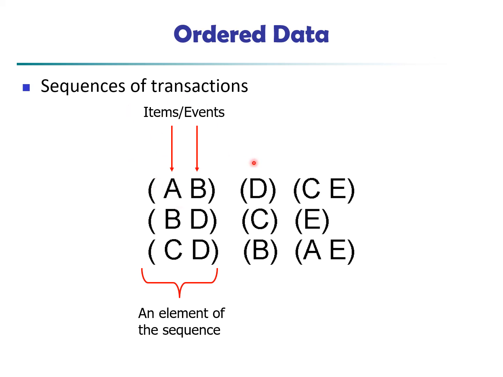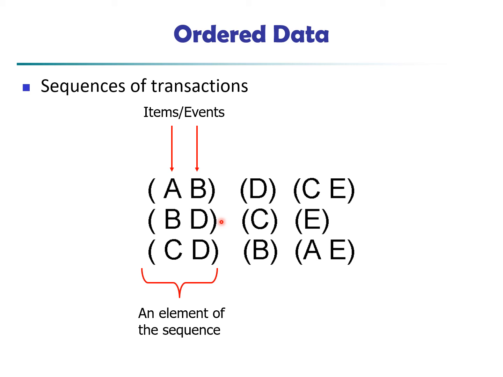So the order is important: A and B should come in this order, and then D, and then C, and then E, and then B, and then D, in this exact order. It is considered an important representation of data, especially in time series data.